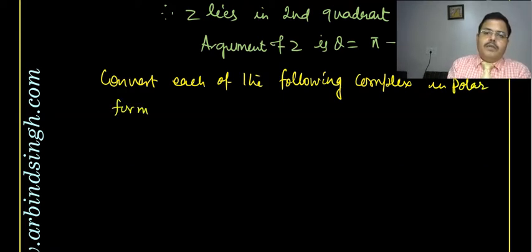Right? So question number 3 is there, and this is 1 minus iota.